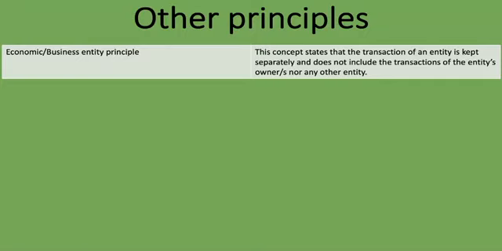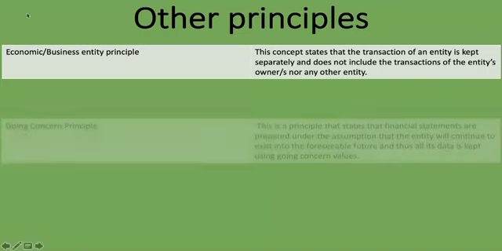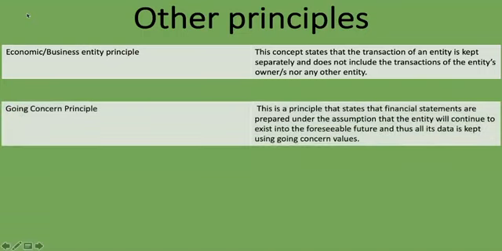So the transactions of the entity are kept separately from that of its owners or other entities. Another principle that is very common is the going concern principle. This is a principle that states that financial statements are prepared under the assumption that the entity will continue to exist into the foreseeable future, and thus all its data is kept using going concern values. So that is what the going concern principle is.